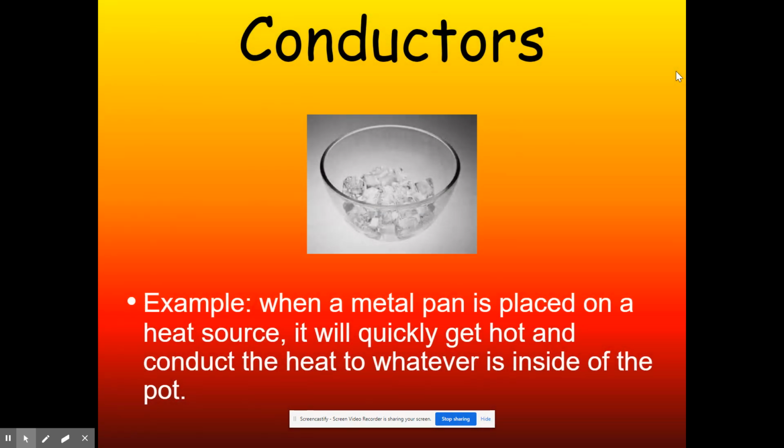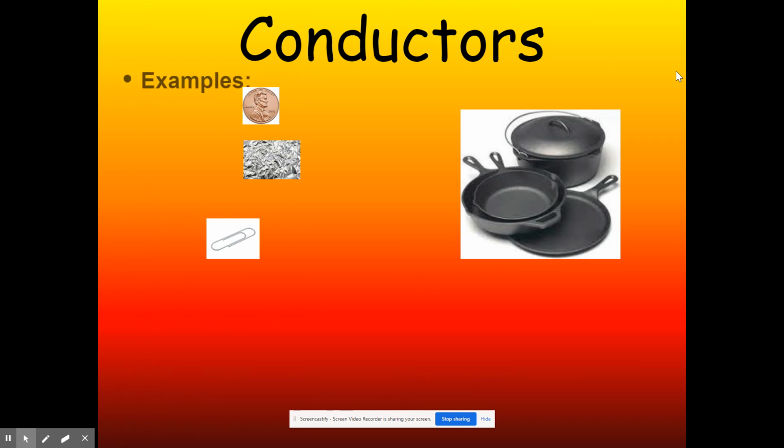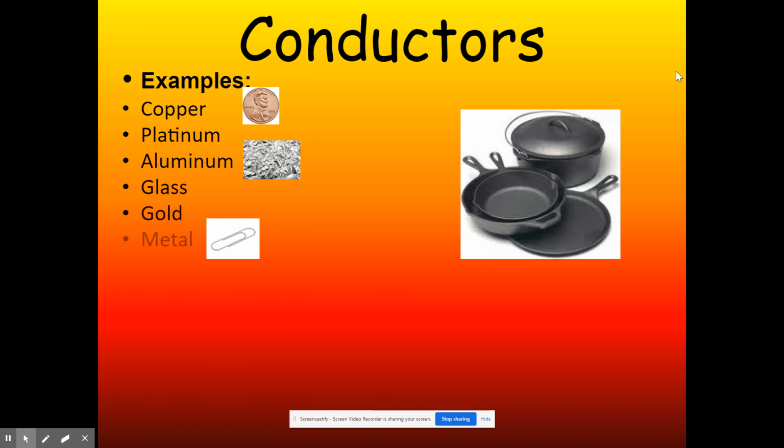You don't have to write down this example. On the next page, it's going to be a whole slew of examples. But when you put a metal pan on a heated source, it'll get hot really quick, and whatever material is inside of that metal pan will also gain heat energy quickly. Most conductors are going to be metal, so any sort of metal material is going to be a conductor.